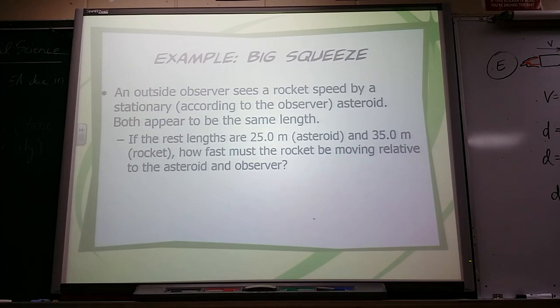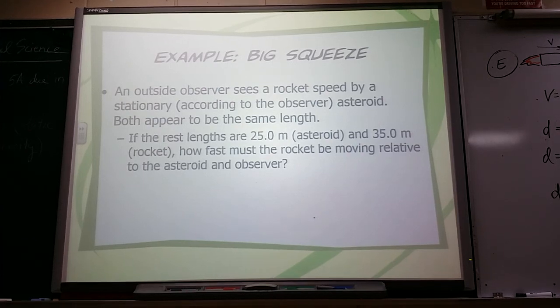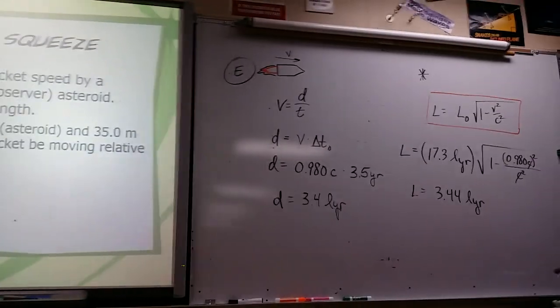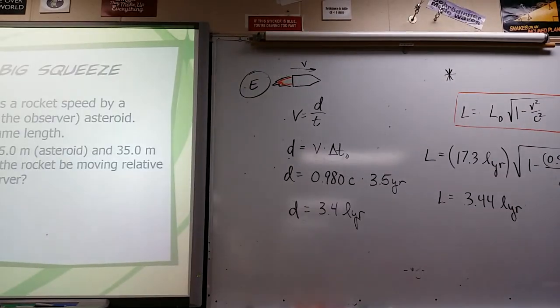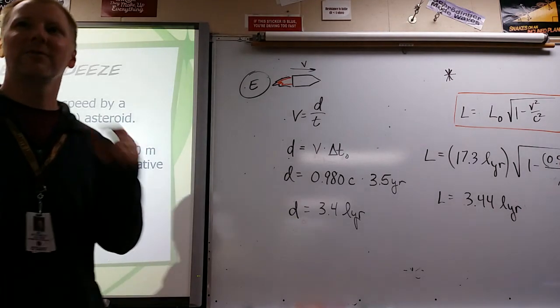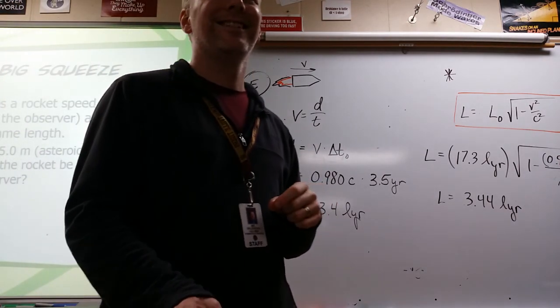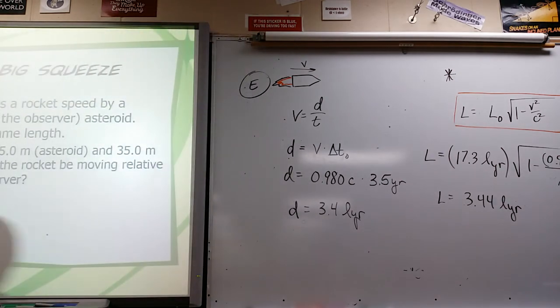So the rocket's been condensed. Its normal length, if you were measuring it while on it, would be 35 meters. If you were measuring it while it zipped past you, it would be 25 meters. It would not just look 25 meters. It would be 25 meters. Ding, ding, ding.